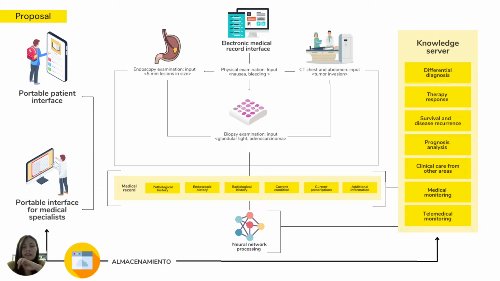Also, the medical specialist will create its electronic medical record and its physical examination. And all the results will be in the same place, at any moment, anywhere. And all of these results will have the capacity to be in a medical record which will be analyzed by a neural network process.